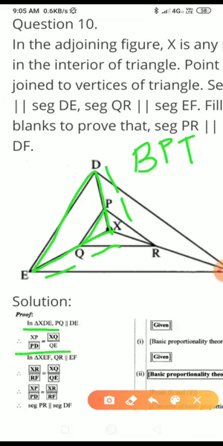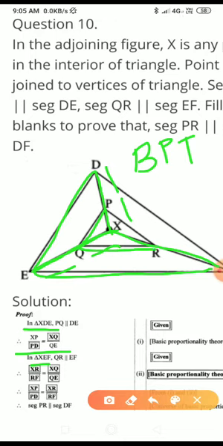So here is the formula: XP upon PD is equal to XQ upon QE. Then in the next triangle, that is XEF, in triangle XEF, QR is parallel to EF.